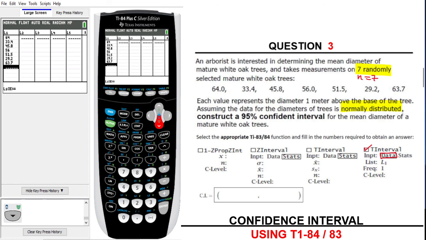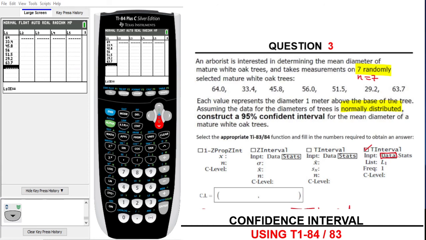So our next step is that we are going to start again. Then we select test. Then we select T interval, because we are dealing with a confidence interval.